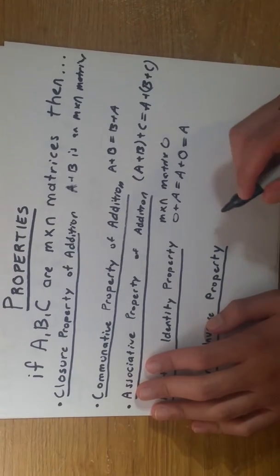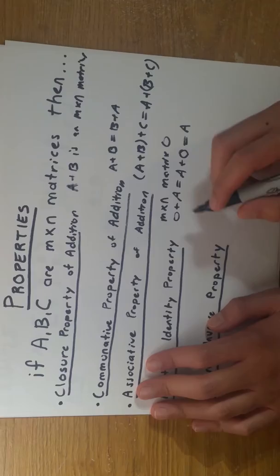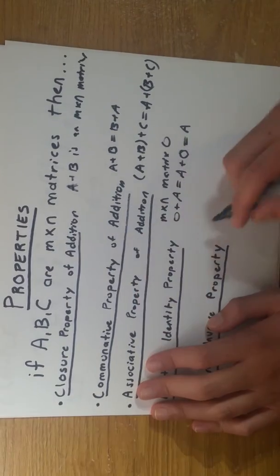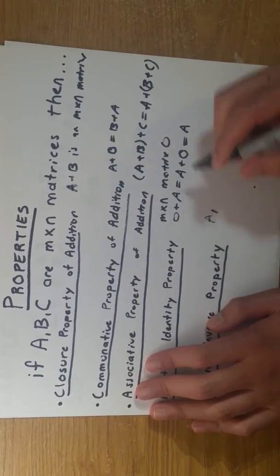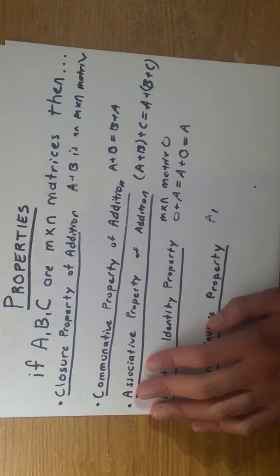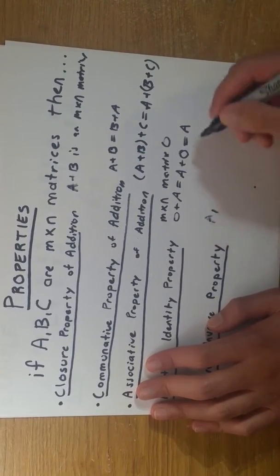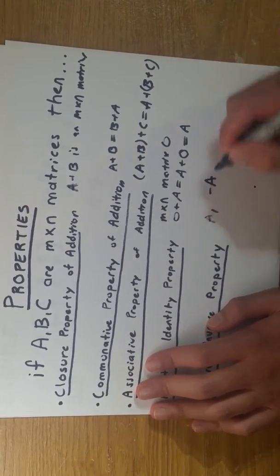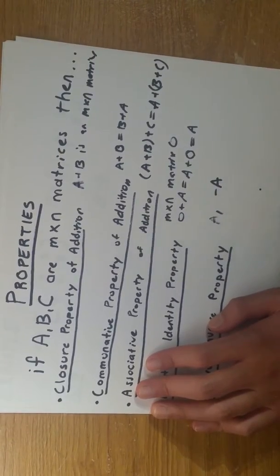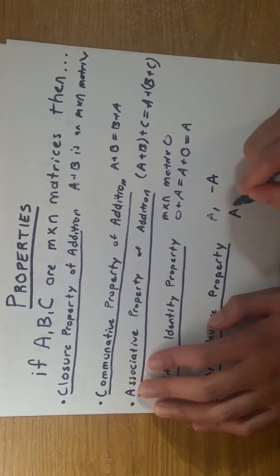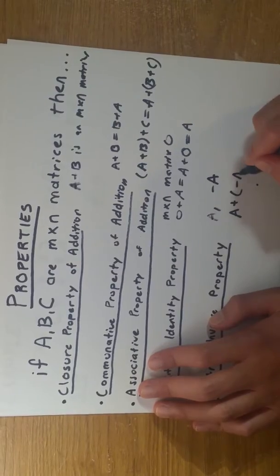For example, we have A, and there should be a unique opposite, which would be negative A, and that would mean that A plus negative A would equal O.